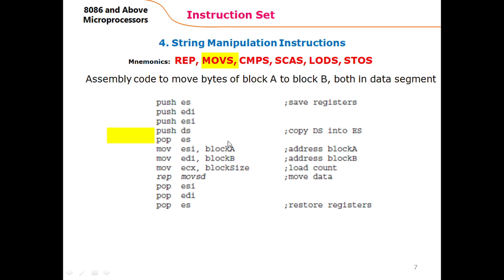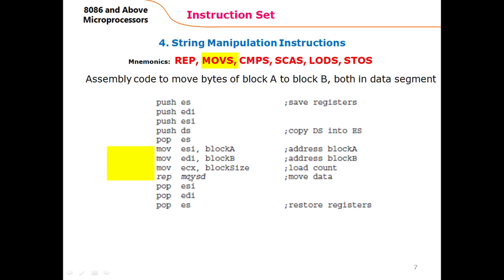Okay, after that, now we are ready to move all the bytes from block A to block B, and for that the offset address of block A is transferred to the source index register, and the starting address of block B is moved to the destination index register, because block B is the destination, and these are the two registers used with the string instruction.